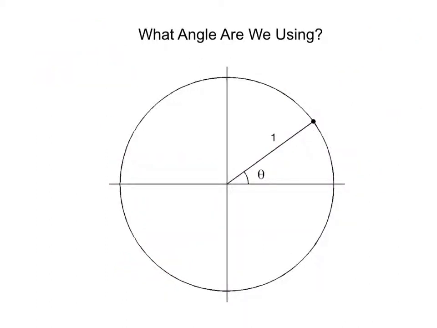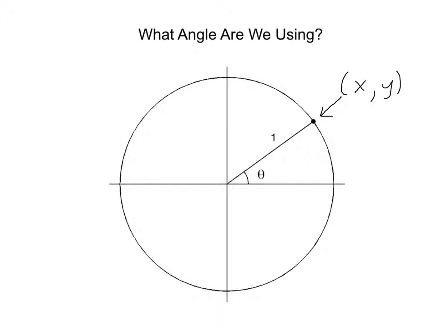Okay, now clearing everything off, what angle are we talking about here? Now, we're going to start in this positive area where both our x and our y value for our point are positive. This is what we've been dealing with so far with all of our triangles, all the practice we've done with SOHCAHTOA, sine, cosine, tangent.